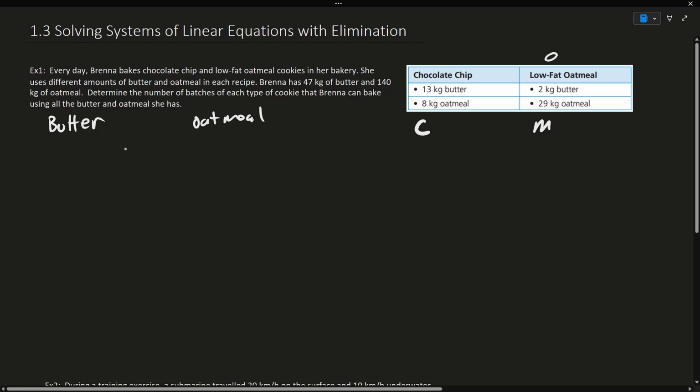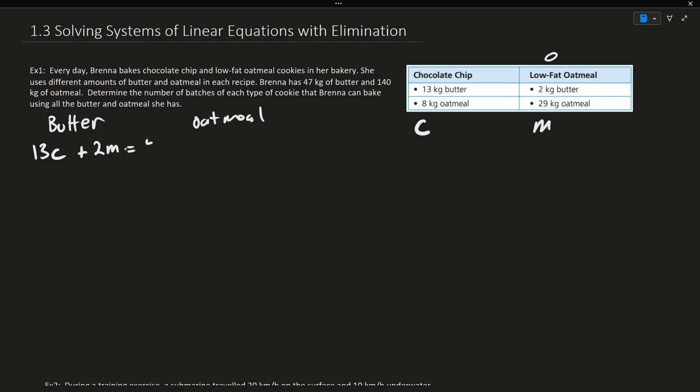In order to use all of her butter, she must multiply 13 kilograms times each individual batch of chocolate chip cookies plus 2 kilograms times each individual batch of oatmeal cookies. And she would like this number to be exactly 47 because that's how much butter she has.